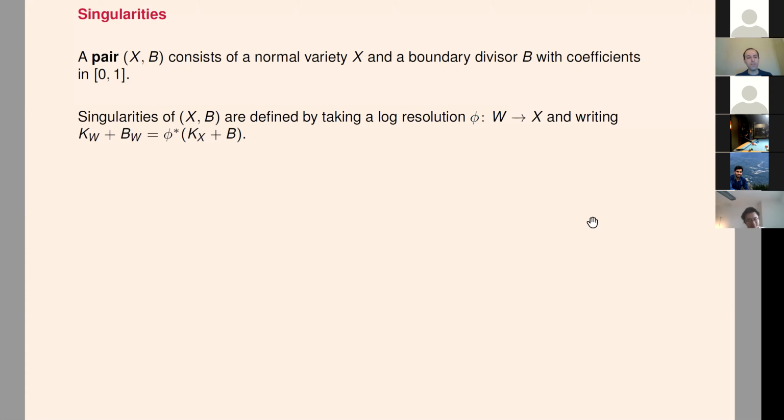Now, once you have a pair, you can define its singularities. And in our case, we define singularities by comparing it with a resolution of the singularities, using Hironaka's result from the previous lecture. So in other words, we take a so-called log resolution.